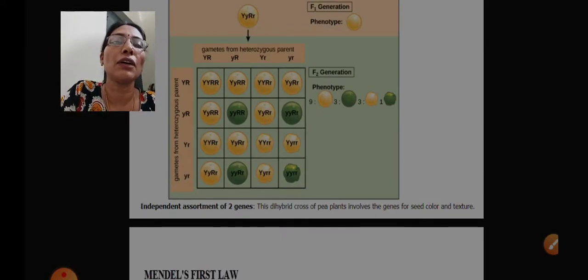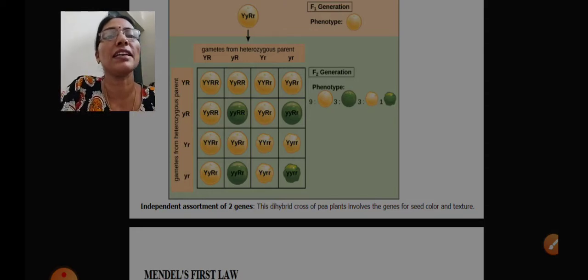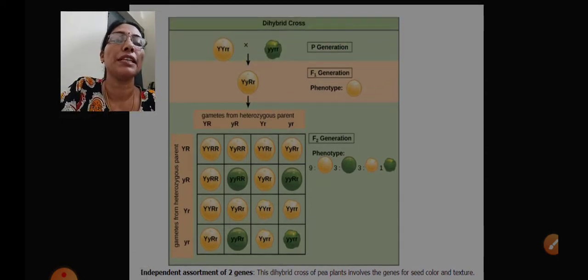Yellow colored and round seeds are taken, and in 16 different squares they are arranged. This is called Punnett square. Here you can see the phenotype and genotype, the type of gene and the nature of seed. If you study this, you can understand better.